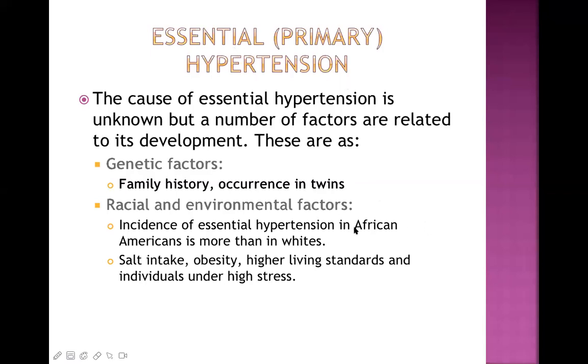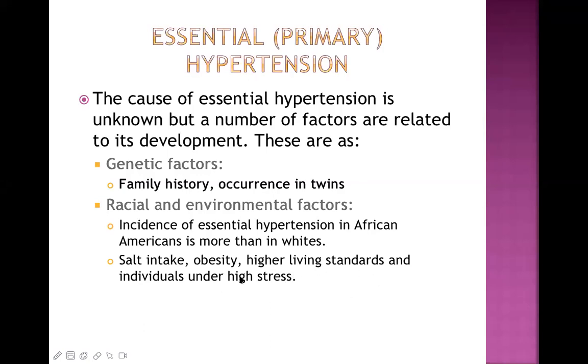Another is racial and environmental factors. Now, the incidence of essential hypertension in African Americans is more than in whites. This is the difference in race. And salt intake, obesity, higher living standard, and individuals under highly stressful situations have more chance of essential hypertension than others.